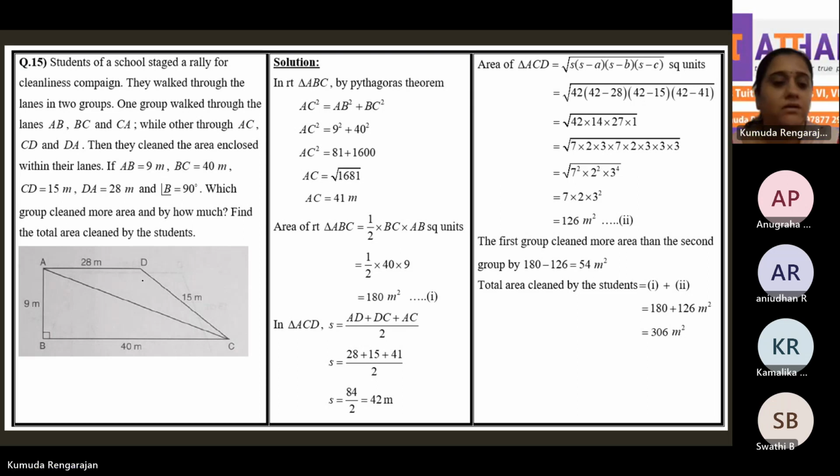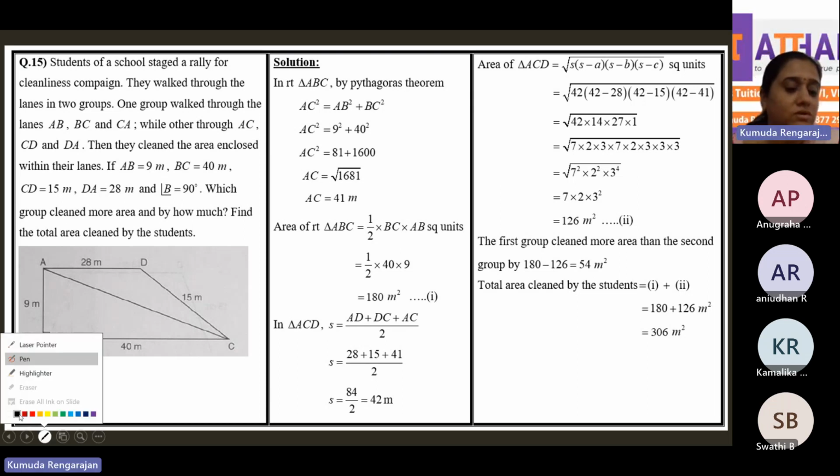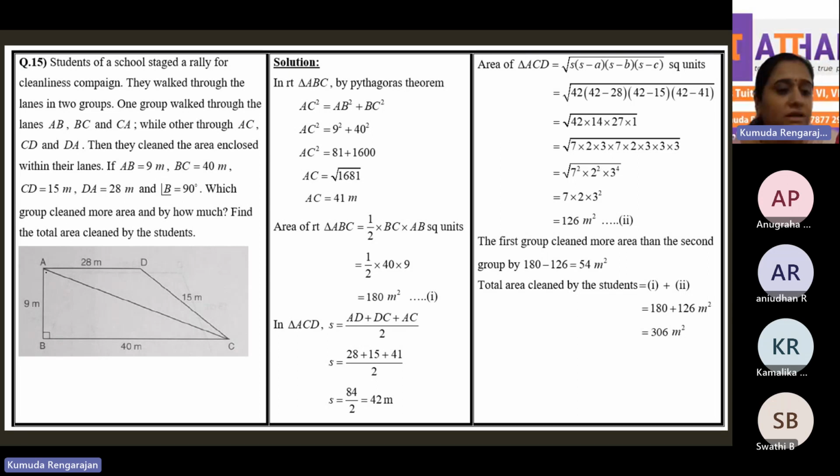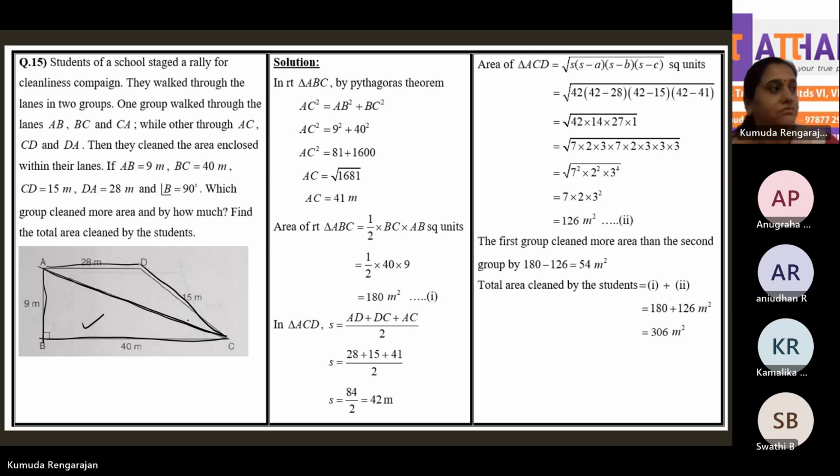Okay. So what is given in the question? One set of students are cleaning this portion, that is the area enclosed by this triangle ABC.